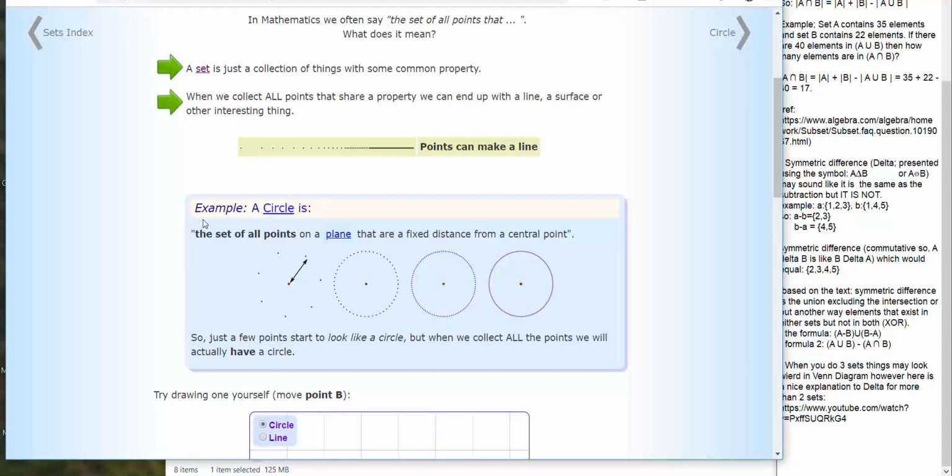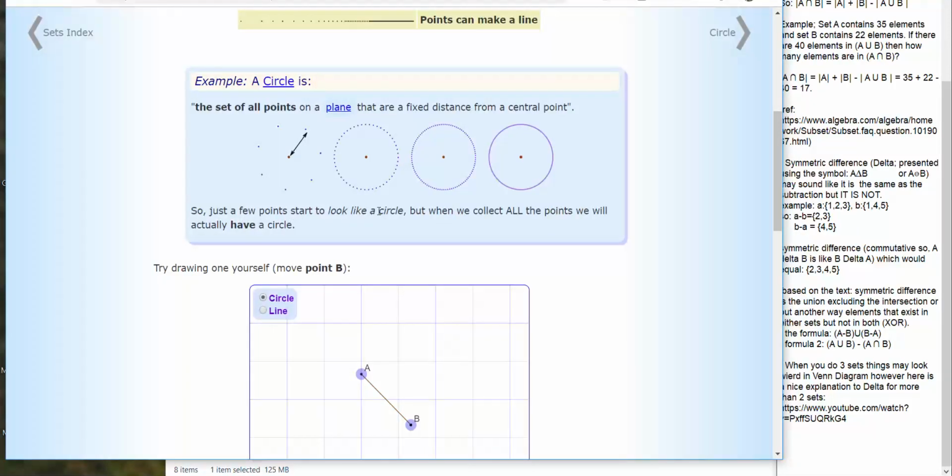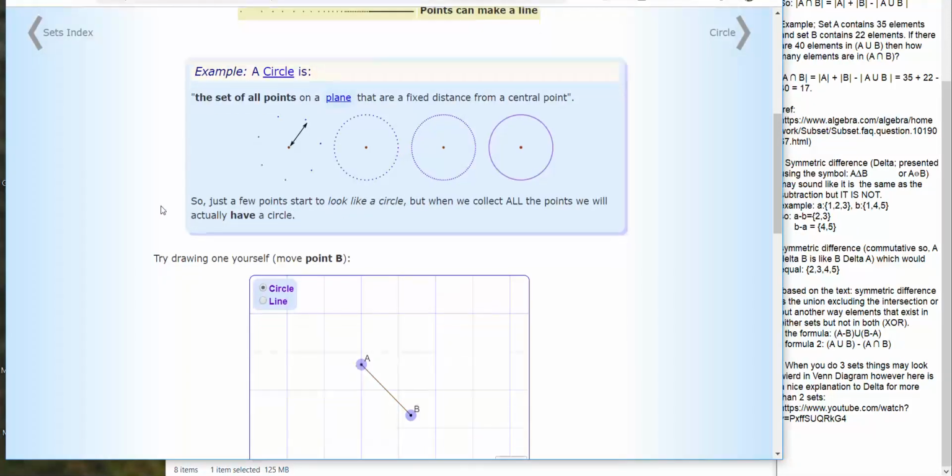Now, a circle is a set of points with fixed distance from the center. Just a few points start to look like a circle, but when we collect all the points, we actually have a circle.